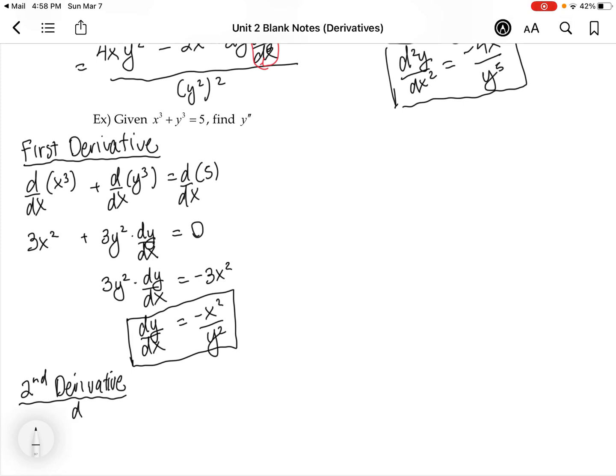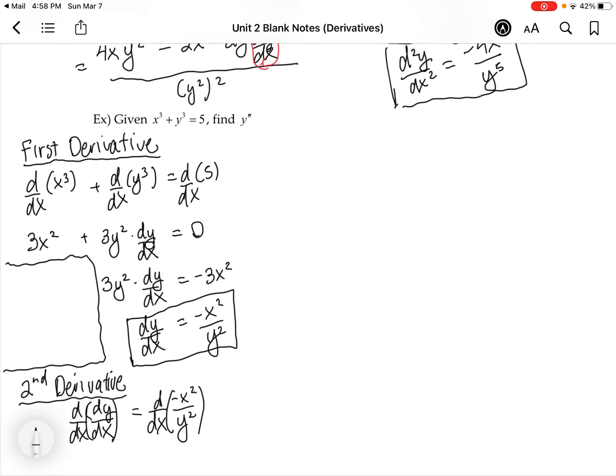So I'm going to go d by dx of dy by dx equals d by dx of -x squared over y squared. And just like we did above, we've got another quotient rule. Because I have some space over here and we're getting a little crammed, I'm going to write out my u and my v and my u prime and my v prime right in this little box over here.